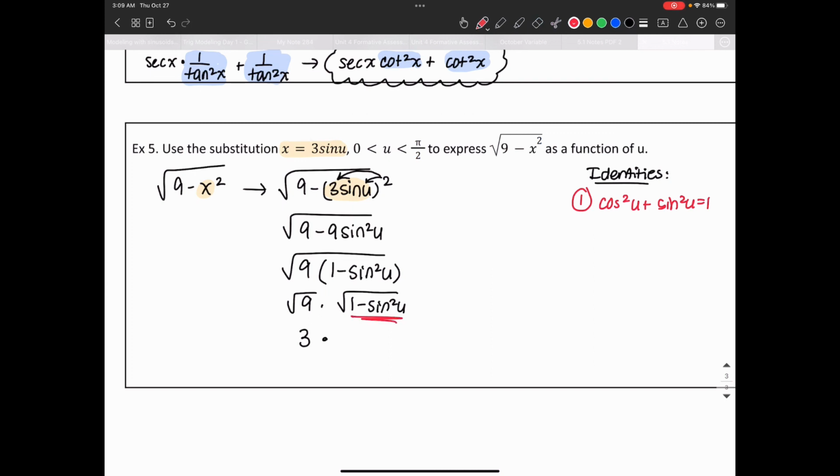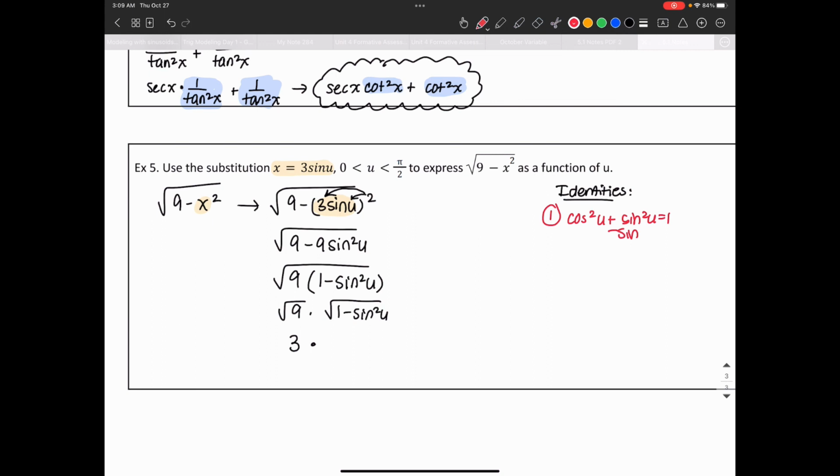I can get 1 minus sine squared of u on one side of this equation by subtracting sine squared of u from both sides, and I would get cosine squared of u is equal to 1 minus sine squared of u. And then I could say, okay, well, I can take these two terms and write it as just this one term. So this that I have here, I'm going to rewrite as the square root of cosine squared of u instead.